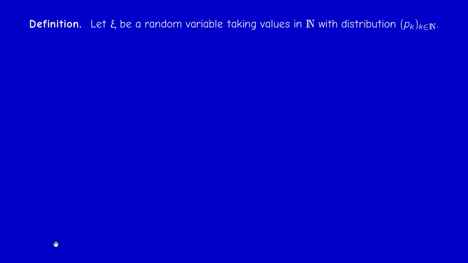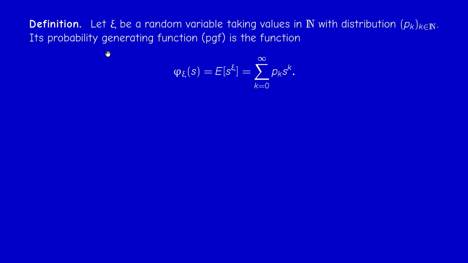So definition. If xi is a random variable taking integer values with distribution pk, the probability generating function, PGF, of xi is by definition the mathematical expectation at the point s, which is variable, of s to the xi.